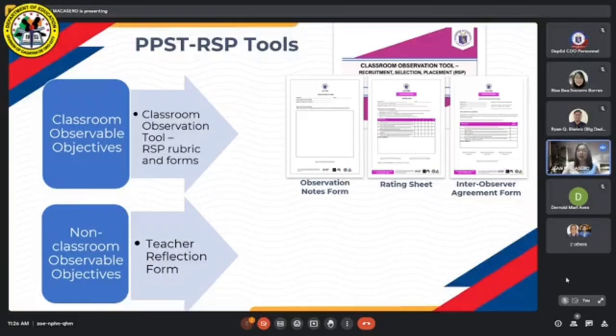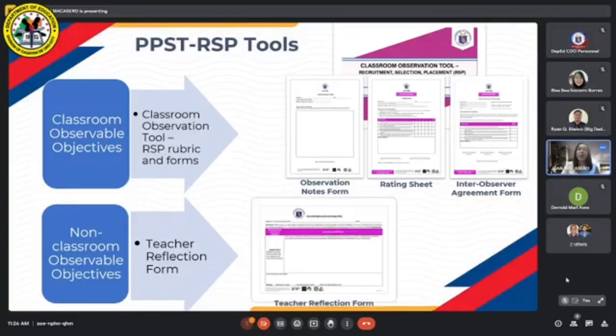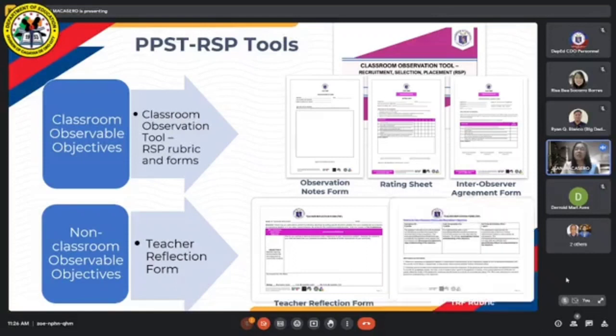Later, I will show it to you. And this is the form to be used for the teacher reflection form. Since this is an essay coming from you, we will base our points on a rating using rubrics.